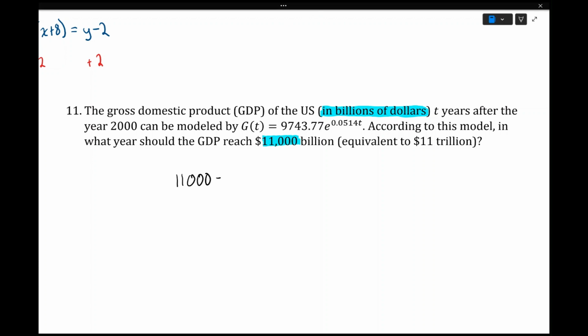So I'm going to solve 11,000 equals 9,743.77 times e to the 0.0514t. So since it's already in billions, I don't need to expand out that 11,000. And now we solve this just like all the other ones. I start out by dividing by that 9,743.77.